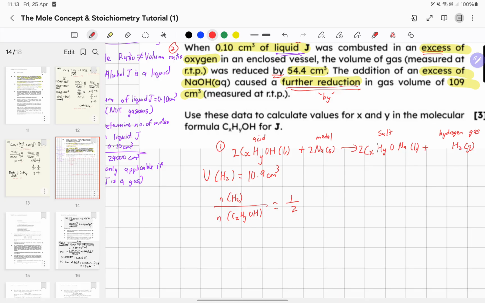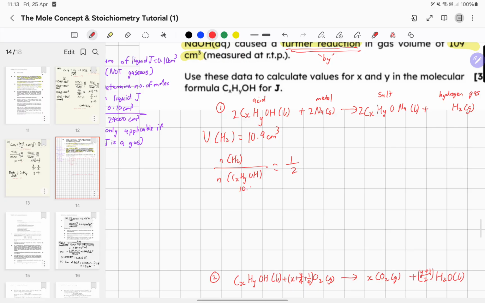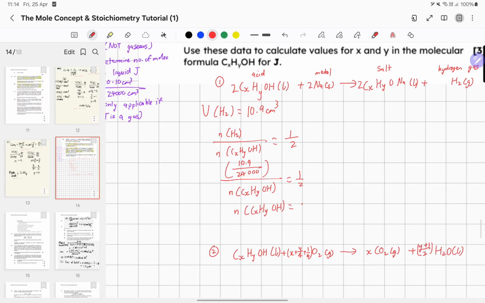We need to find the number of moles of hydrogen first: 10.9 divided by 24,000, so that I can find out the number of moles of the alcohol, which is given to be 0.0009083 mole.